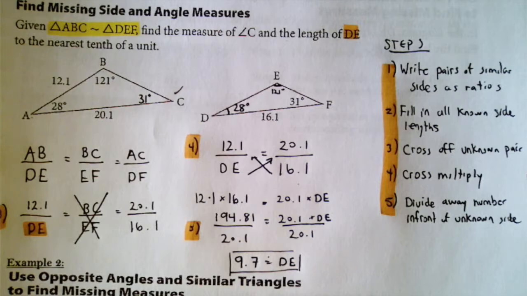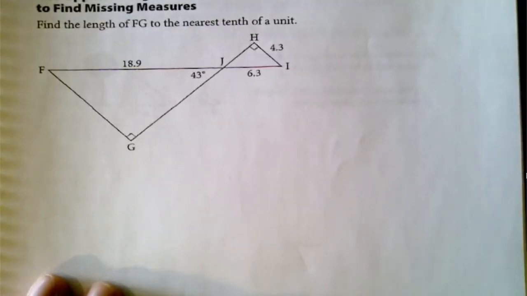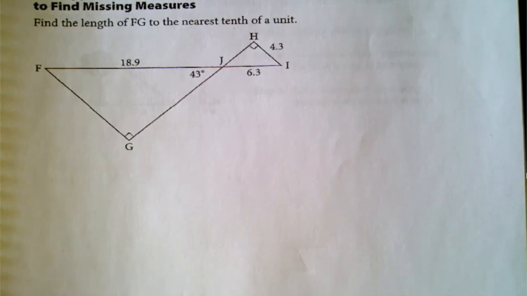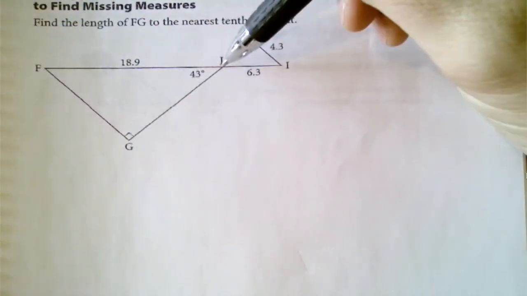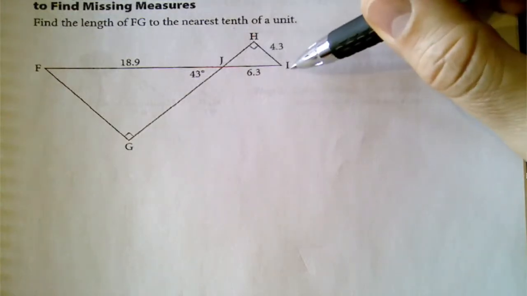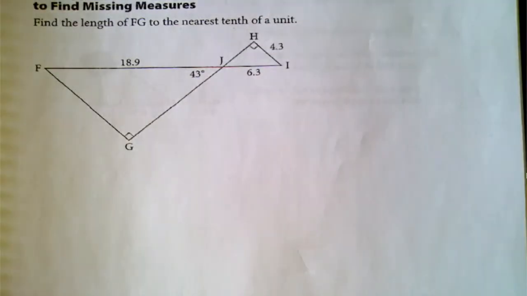Okay, we're going to use these same steps to do 2 more examples. Find the length of FG to the nearest tenth of a unit. So we're assuming that triangle FGJ is similar to triangle IHJ.